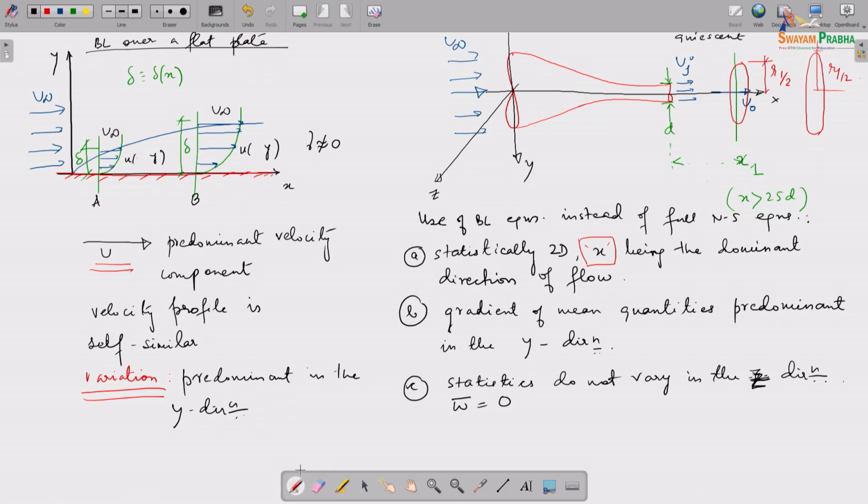Let's just say that the viscous nature is negligible. Gamma is a physical property of the fluid, so it cannot just suddenly become 0. It's just that the viscous nature is negligible outside the boundary layer.